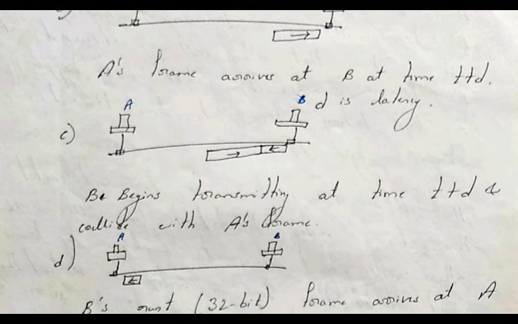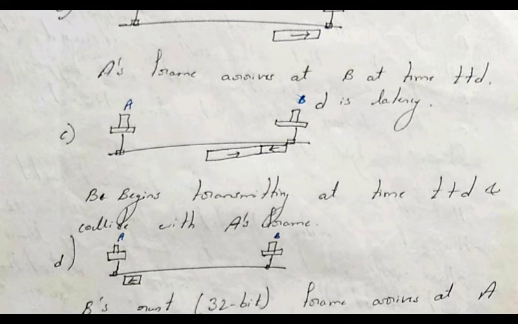Immediately it identifies that yes, the collision has occurred here, and it sends a runt frame. Okay, when this runt frame reaches A, now what is it going to do? Suppose that A begins transmitting the frame at time t as shown in the figure.